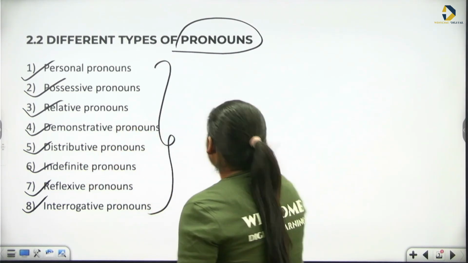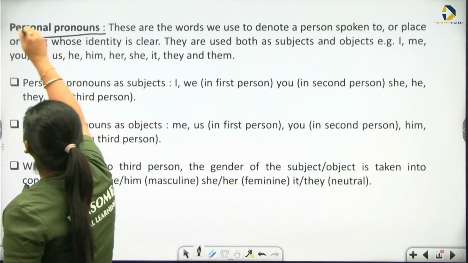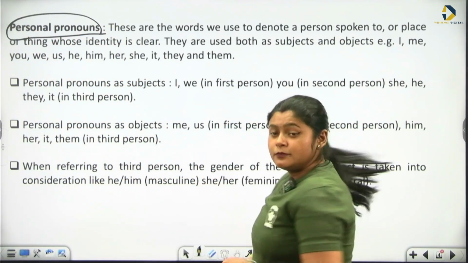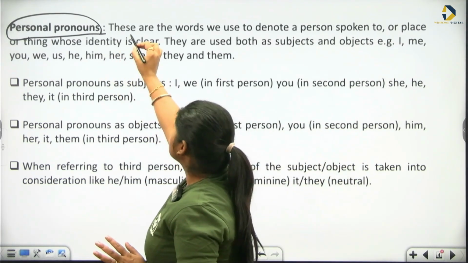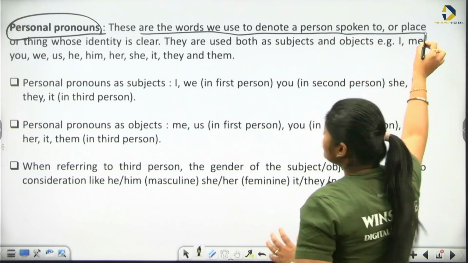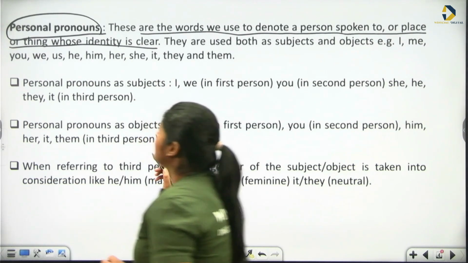Okay. First one is personal pronouns. See, personal pronoun. Personal मतलब क्या है? Your, right? Personal means your. Now see, personal pronouns are the words we use to denote a person spoken to or place or things whose identity is clear.